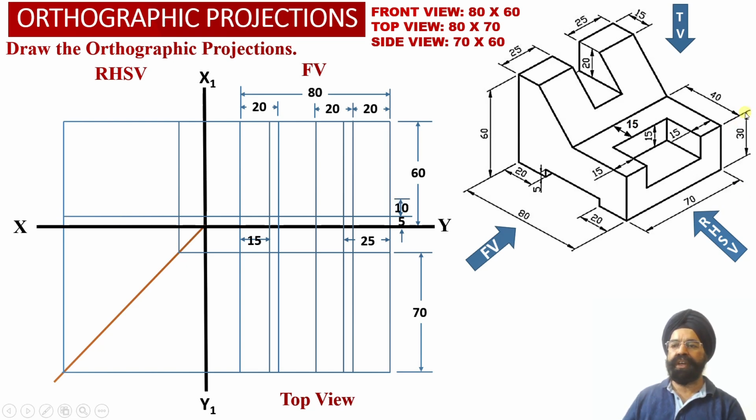Now we also observe that the height of this horizontal web happens to be 30 millimeter, while the height of this rectangular slot has been provided to us as 15 millimeter. So this distance will also be equal to 15 millimeter.